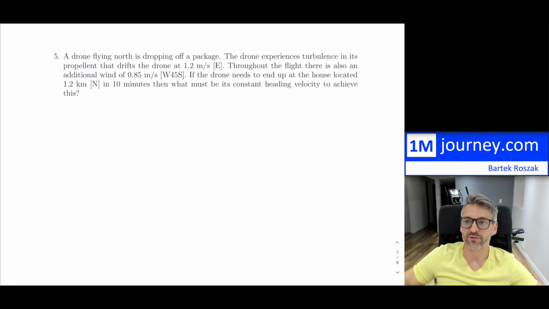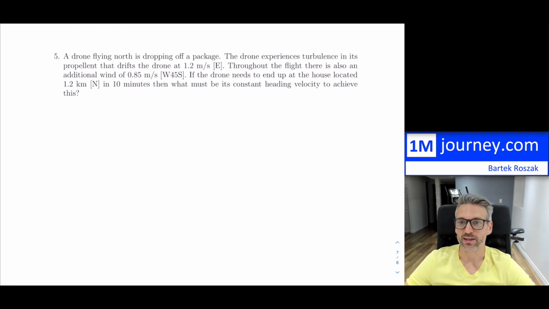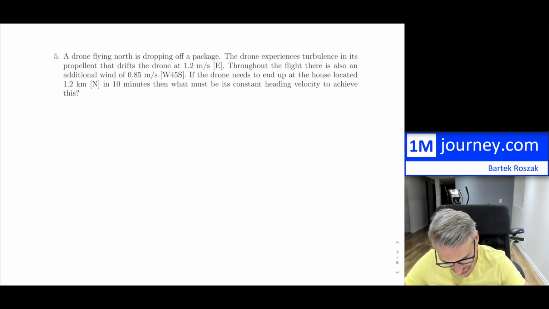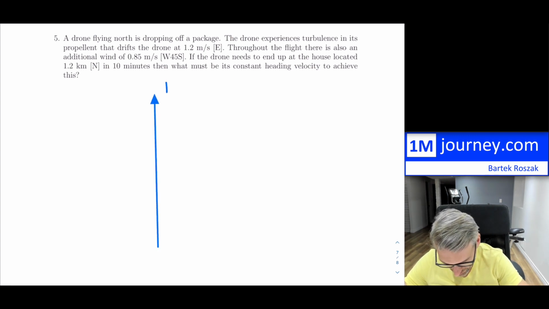So what do we have? We have a drone flying north, dropping off a package. The drone experiences turbulence in its propellant that drifts the drone at 1.2 meters per second. Let's start putting this in here. We want to go north, so let's assume that this is north.